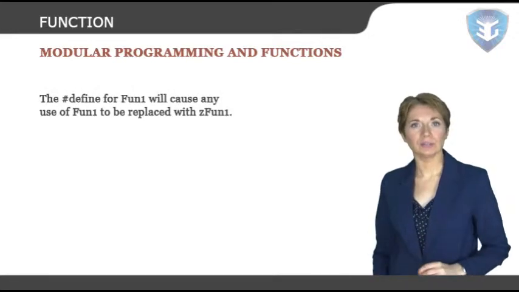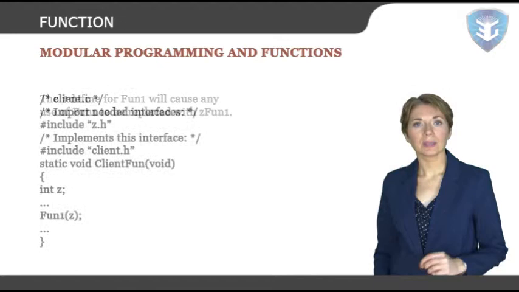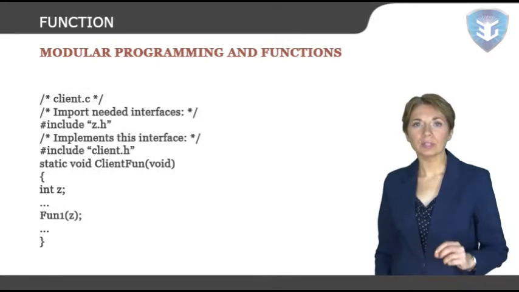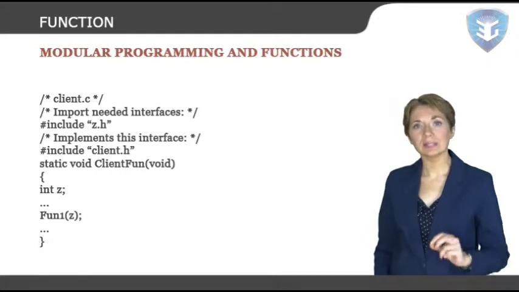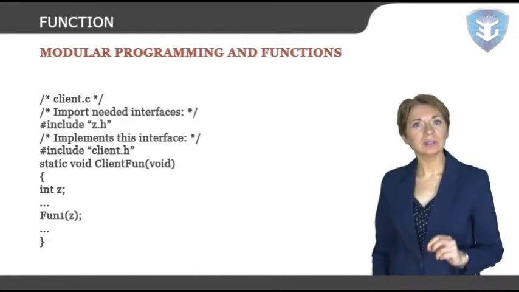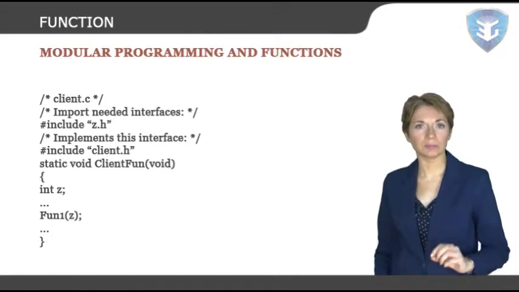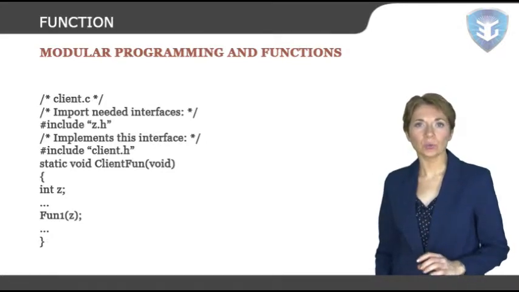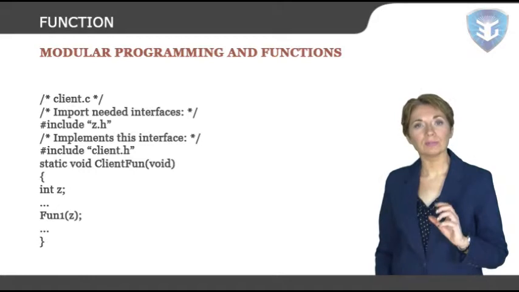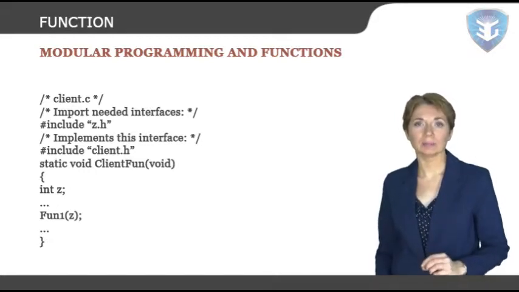Look at the #define in the interface definition that we skipped earlier. The #define for fun1 will cause any use of fun1 to be replaced with zfun1. Note that the #define is strategically placed before the prototype for fun1. Consequently, the prototype is for a function named zfun1.